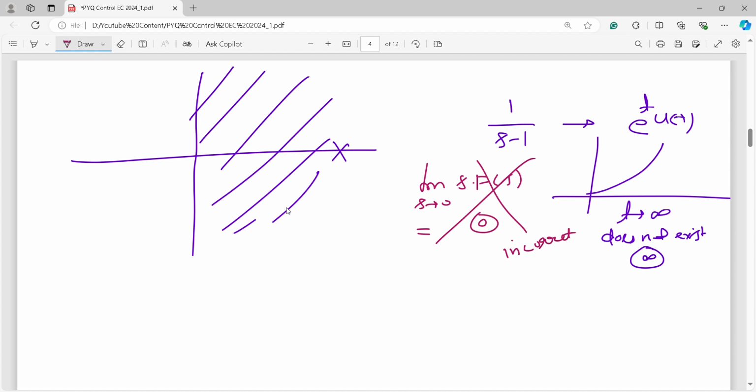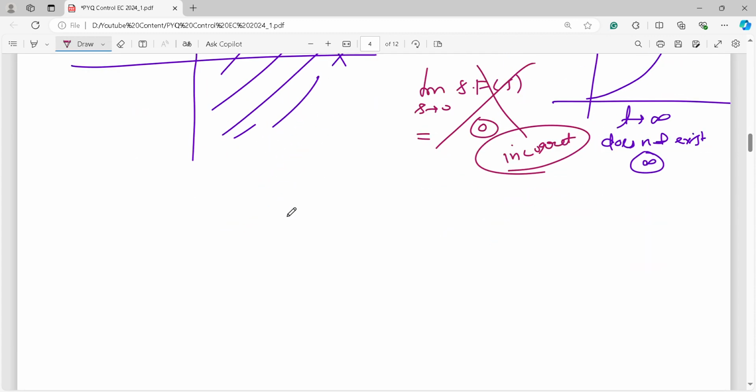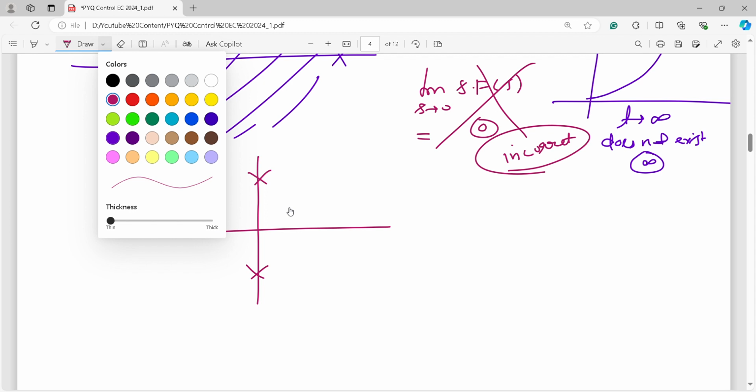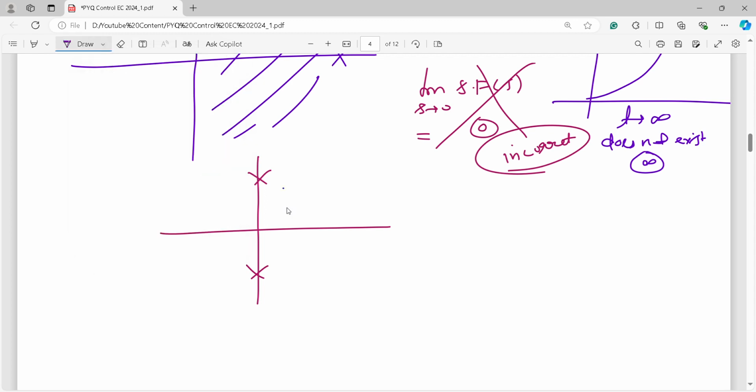Okay, take one more case, where poles lie on the imaginary axis, excluding the origin. Here take, for example, 1/(s²+1), so the poles are plus j and minus j.